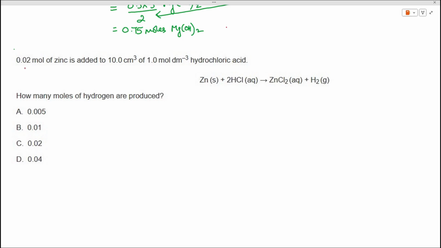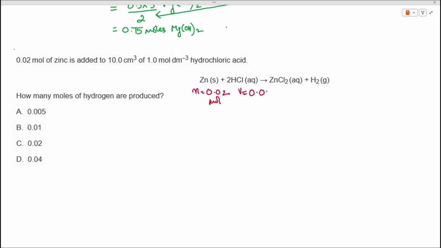For this question, it's saying that 0.02 moles of zinc. So let us write the number of moles of zinc, which is 0.02, is added to 10 centimeter cube. So 10 centimeter cube is the volume, which we can easily convert into liters or decimeter cube by just dividing it by 1000.